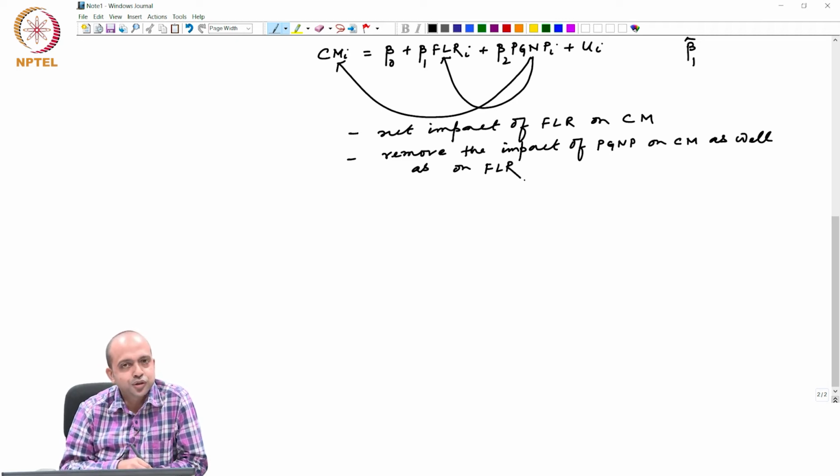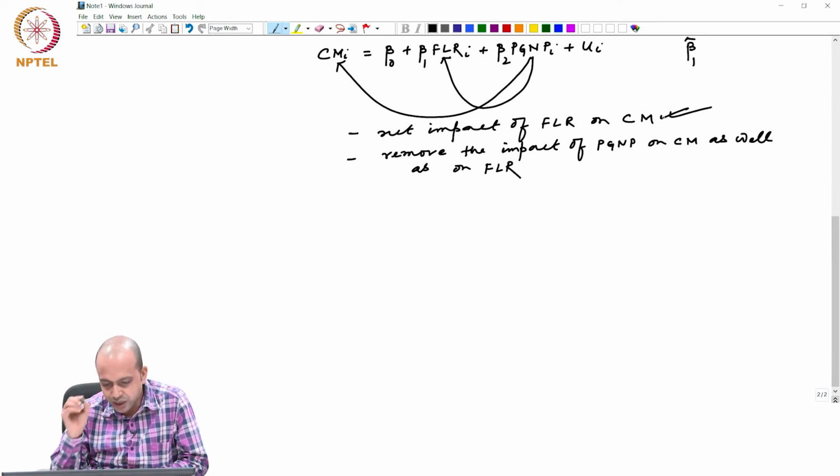That we should do. We want the net impact, so we have to remove the impact of per capita GNP from both of these, right. If we remove it, then child mortality rate would be purified from the impact of PGNP, FLR will also be purified from PGNP, and then if we regress CM on FLR, we will get the net impact. So, this is our objective, the net impact of FLR on CM, okay. And to achieve that, we need to remove the impact of PGNP on CM as well as on FLR.